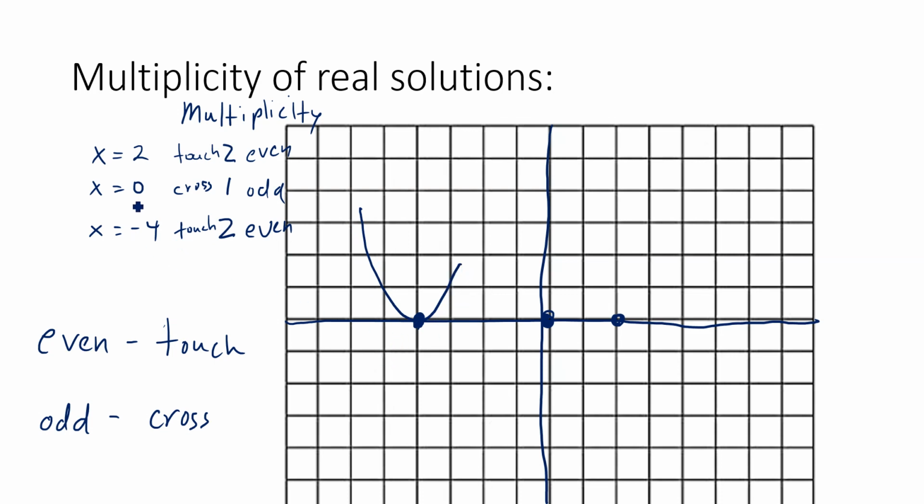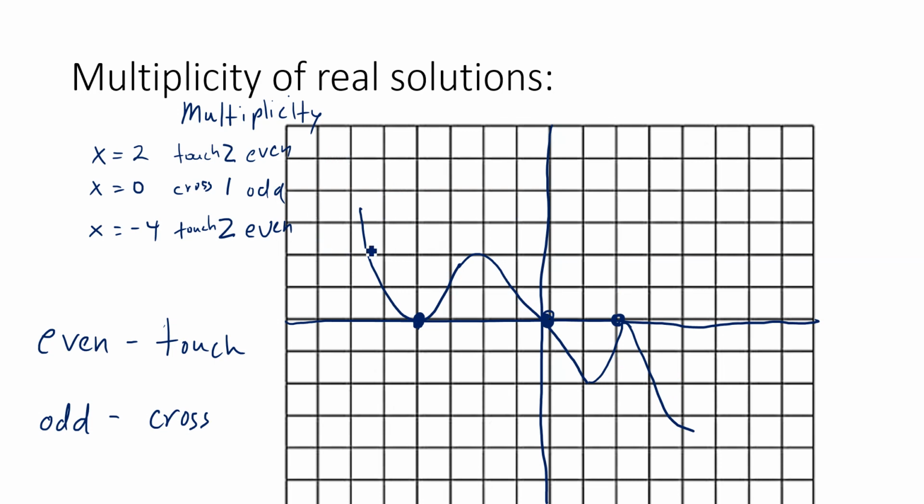At x equals 0, it's going to cross. So it's going to go through that point, and then it's going to go over to the other side. It crossed. And then finally, for x equals 2, it's going to touch again. So it's going to go up here, touch that point, and then go back down. So what I can tell here is that my graph is most likely going to be of odd degree.